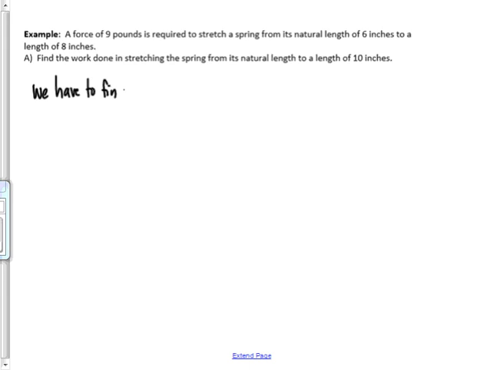This is where we're going to use what they told us in the beginning. So f of x is equal to k times x, where x is the length you stretched.